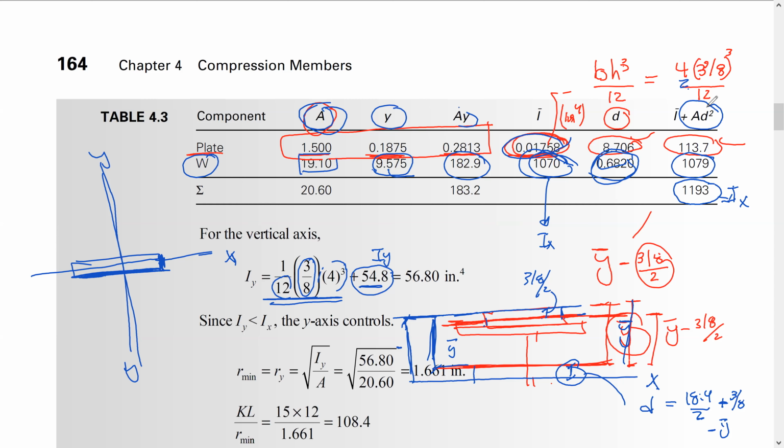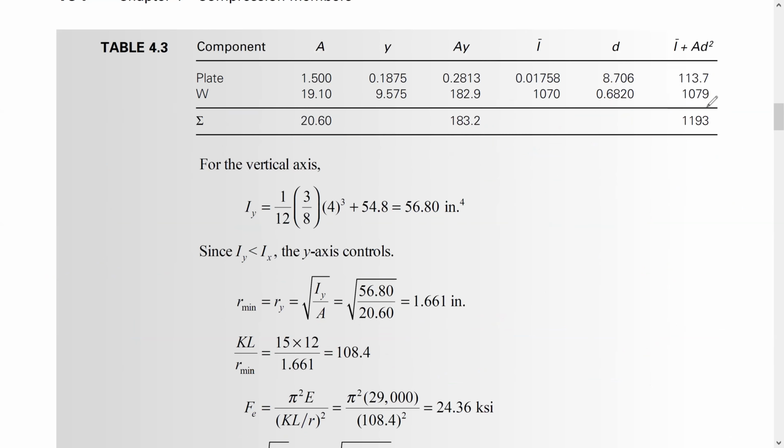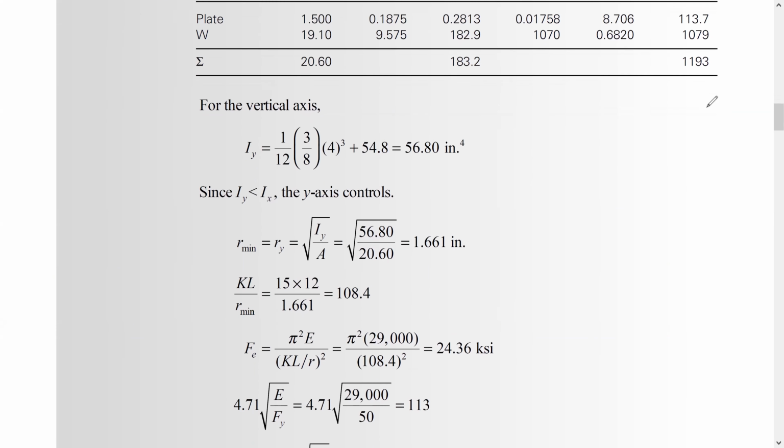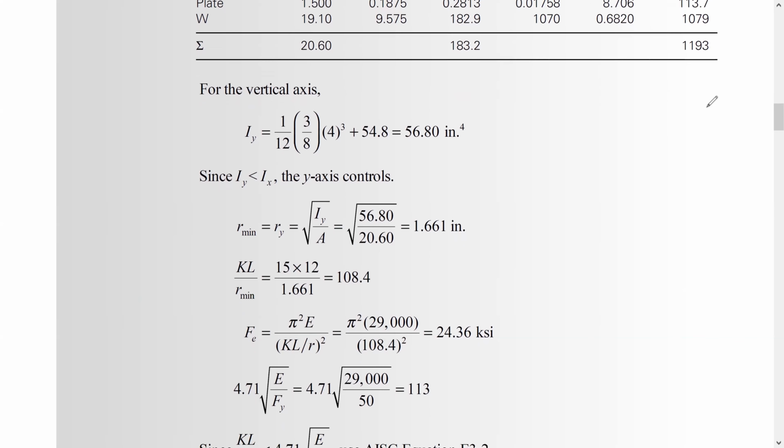Right now, let's get back to our normal procedure, how to get the compressive strength for the compression member. So this is once again Ix, this is Iy, in power 4. Since Iy is less than Ix, the Iy will control. And let me show you why.